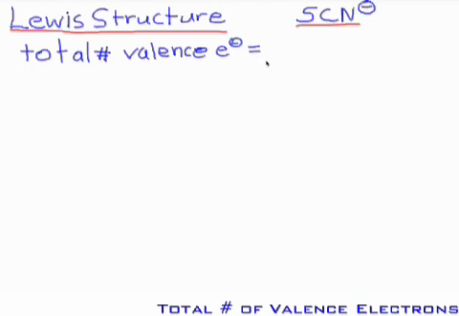Same group as oxygen, so it'll have the same number of valence electrons. Sulfur has 6. Carbon from the periodic table has 4 valence electrons, and nitrogen has 5 valence electrons. We also must add 1 electron for the negative charge. And so we have a total of 16 electrons.